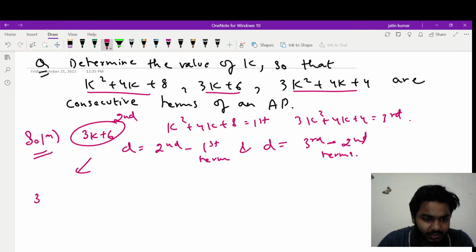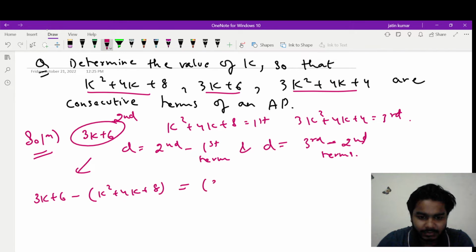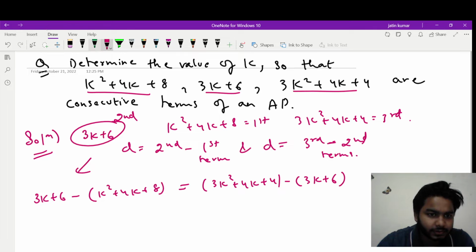Then you will apply: 3k plus 6 minus the first term, k square plus 4k plus 8, is equal to the third term, 3k square plus 4k plus 4 minus 3k plus 6. Now you will solve it simply.